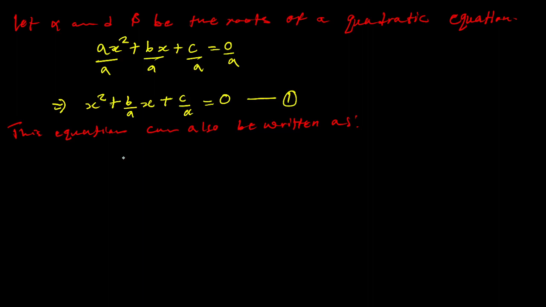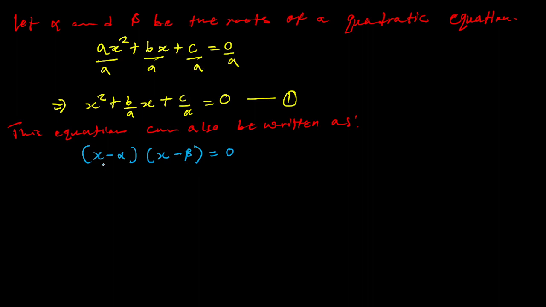We can simply say open bracket x minus alpha close bracket, and then open bracket x minus beta close bracket is equal to 0.